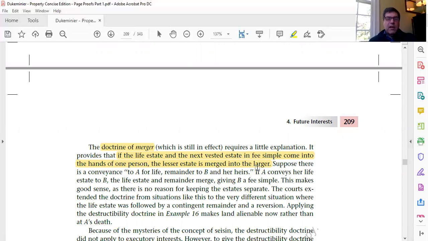And they note that because of that rule of merger, when you combine it with the destructibility doctrine at common law, it was possible for the life tenant to essentially destroy a contingent remainder by making sure the life estate and the reversionary interest came into the same set of hands. If the contingent remainder was contingent at that point, then the doctrine of merger would merge the life estate and the reversion and would eliminate the contingent remainder.